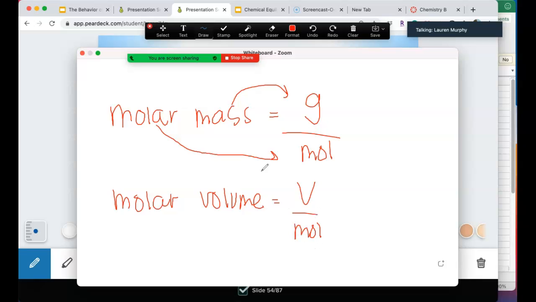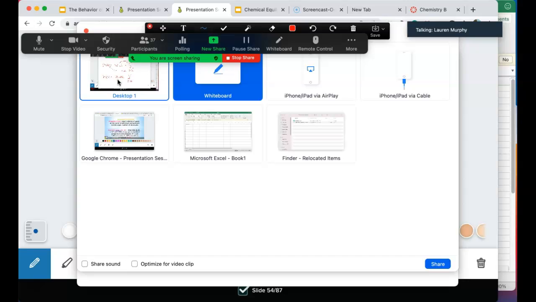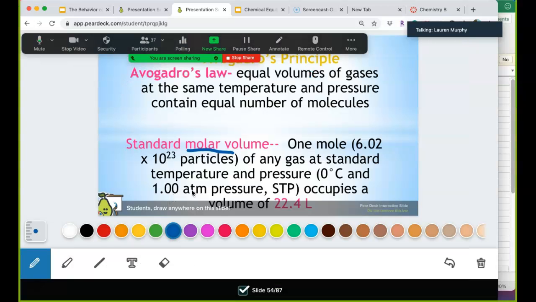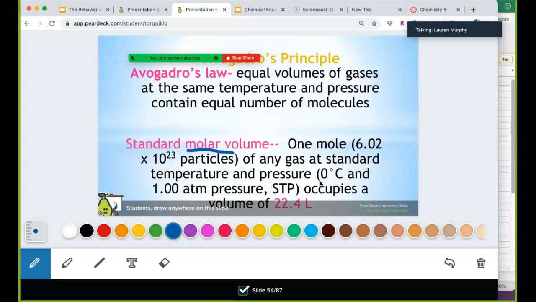And when we talk about standard molar volume, it means a specific set of conditions. Those conditions are 0 degrees Celsius and 1 atmosphere, known as STP. Standard temperature and pressure is always 0 Celsius or 273 Kelvin and 1 atmosphere.